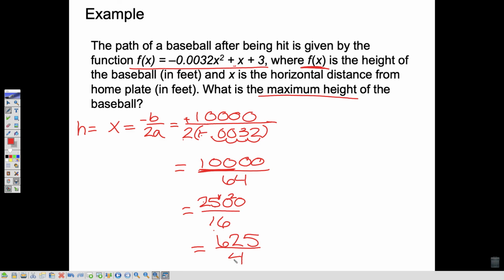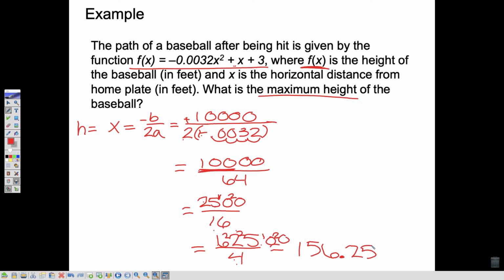4 goes into 6, how many times? One time, with 2 left over. 4 goes into 22, 5, with 2 left. 4 goes into 25, 6, with 1 left over. I have to add a decimal. 4 goes into 10, how many times? 2, with 2 left over. 4 goes into 20, how many times? 5.